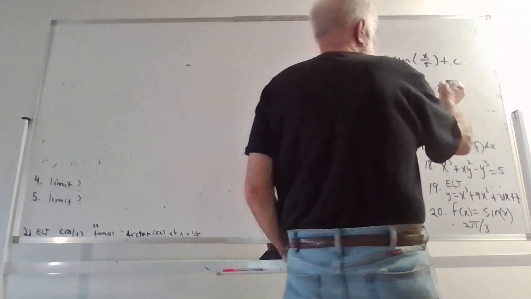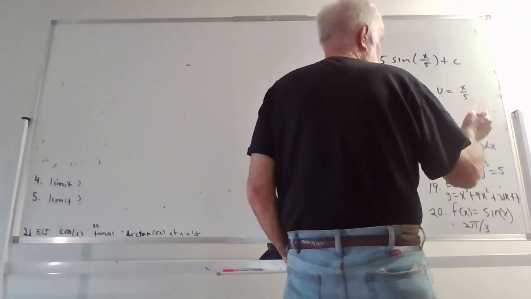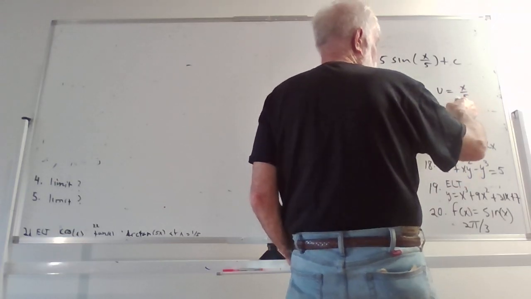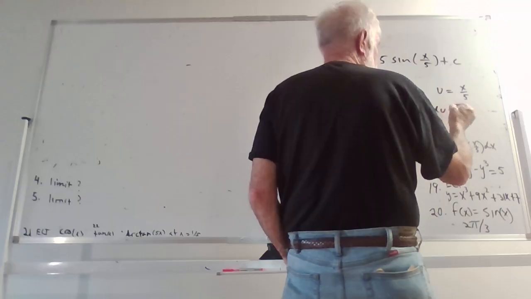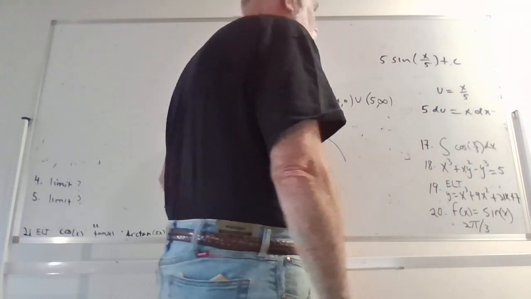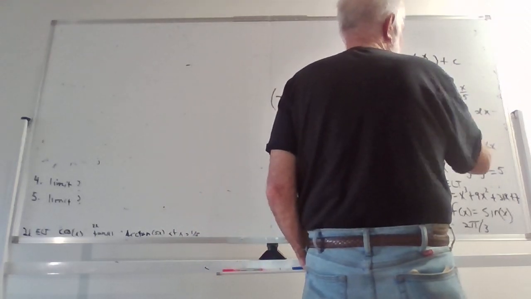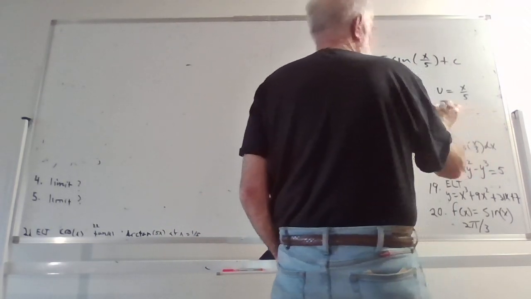So u substitution will let our u equal x over 5. We'll let our du become, so this is multiplication by 1/5. So it's 5 du equals dx. So the intermediate step is, yes, multiplied by 5.